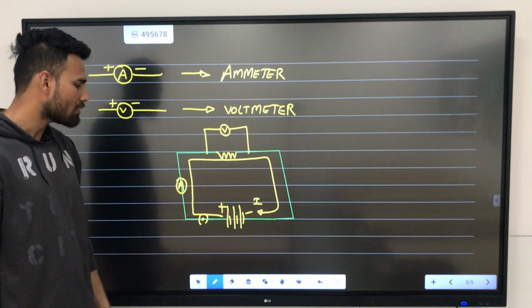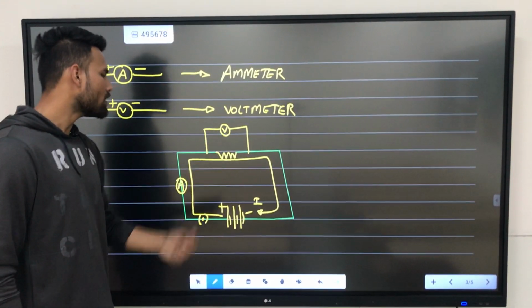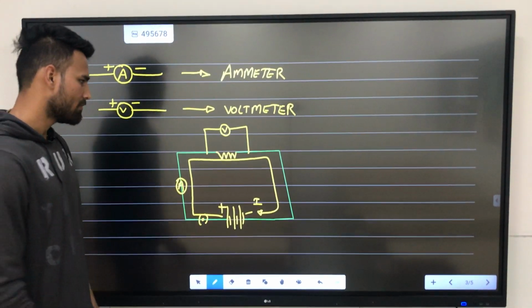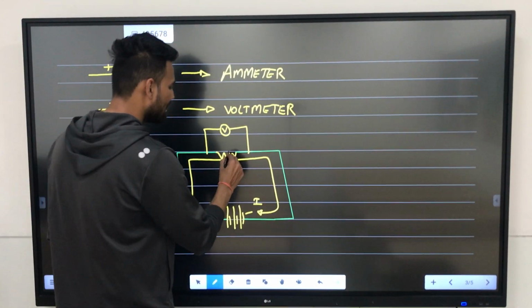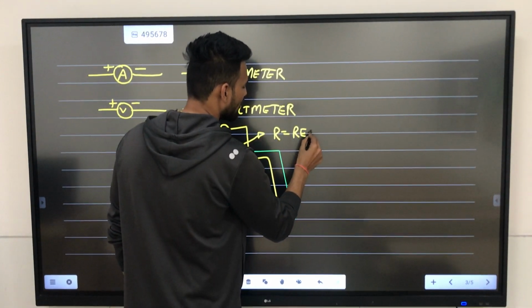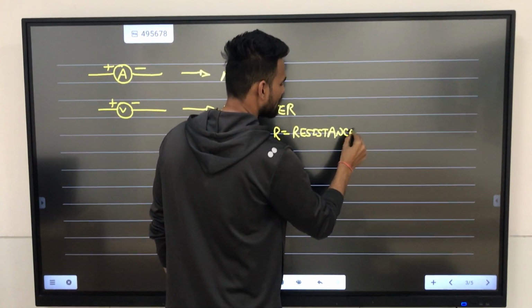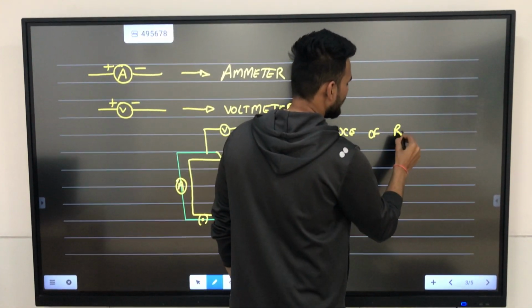And here the electric circuit is composed of a battery, a plug key, an ammeter, a voltmeter, and a resistor. So let us say the resistance of the resistor is R.